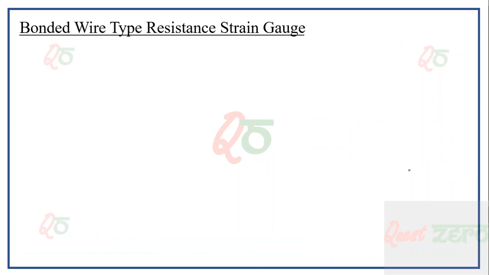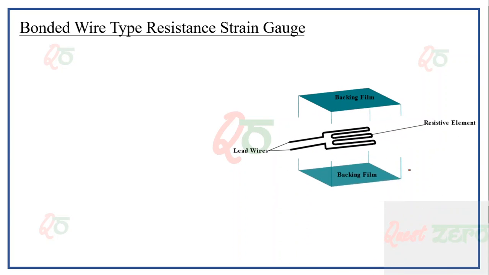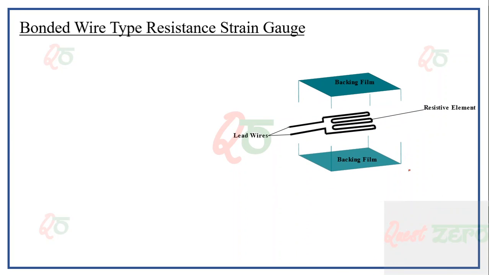Okay. The next type of resistance strain gauge is the bonded type strain gauge, and this has the advantage of being placed on the material itself, on the surface of the material, to measure the amount of strain that takes place.